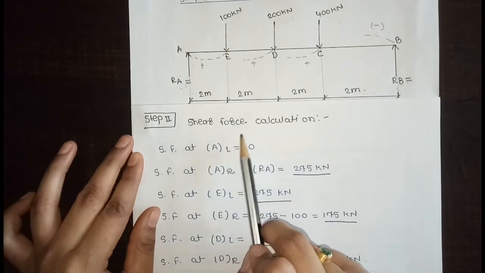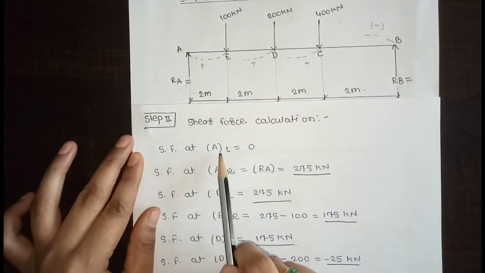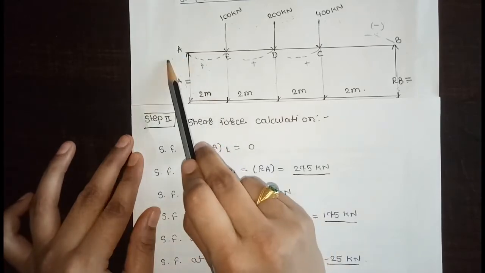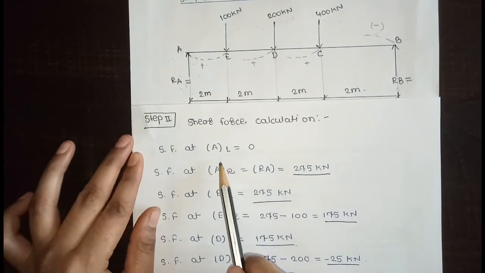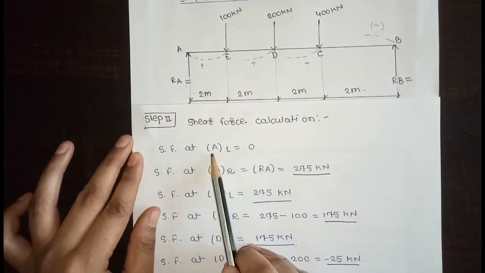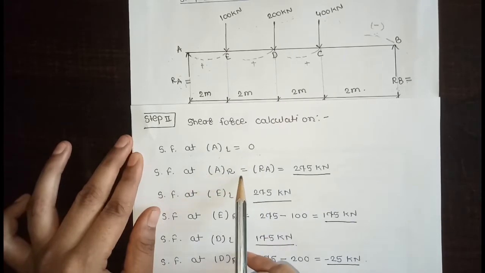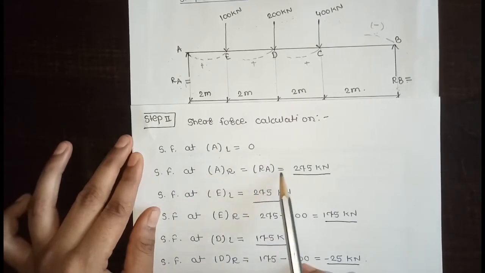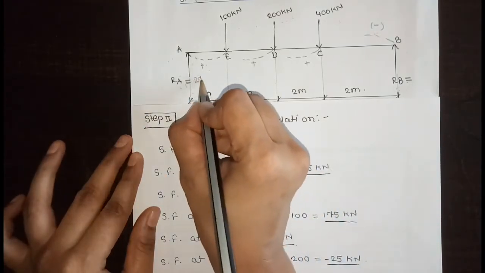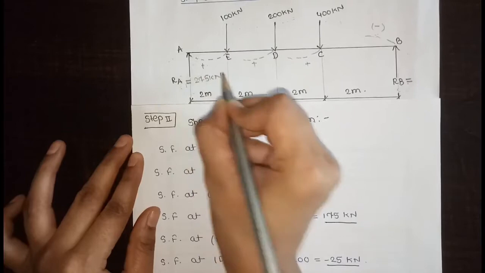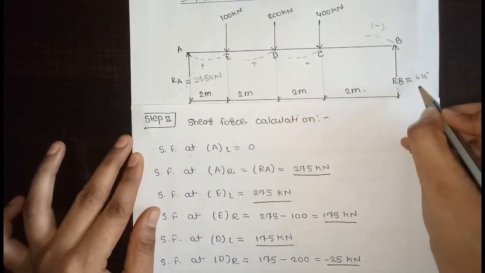At SF at A left, there is no force in the left section from point A. Therefore, SF at A left is equal to 0. SF at A right means the RA value. RA is equal to 275 kN, and RB is equal to 425 kN.